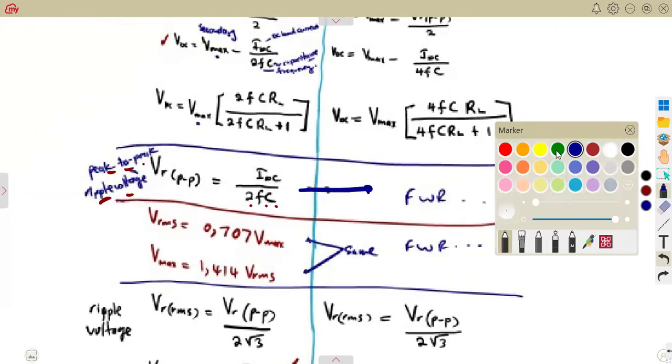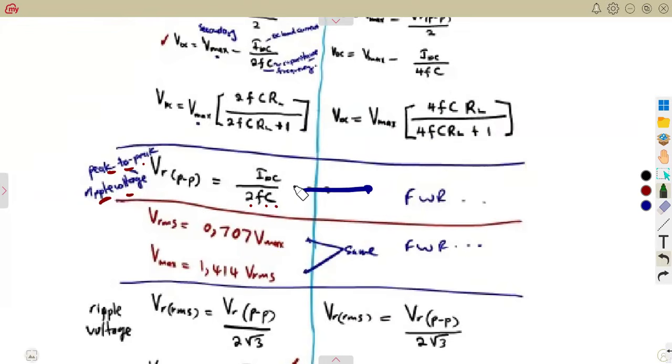In this case, we are going to assume these diodes are ideal. So this IDC, at that moment of being ideal, is going to be given as VM over RL, which is the maximum that we have when they are ideal.